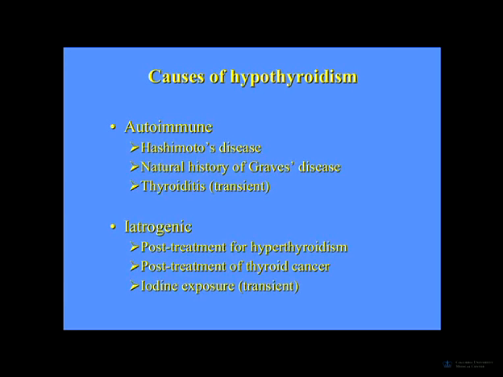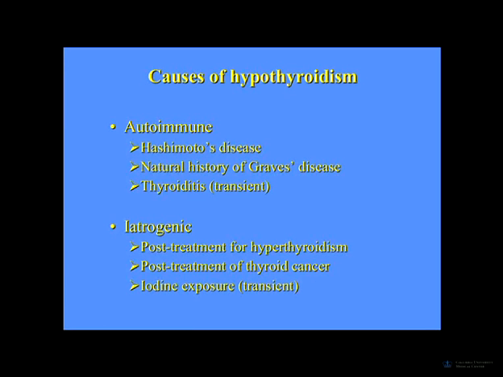Hashimoto's disease, also known as chronic autoimmune or chronic lymphocytic thyroiditis, occurs fairly commonly. Depending how it's defined, it affects upwards to 14 or 15 million people in the United States, which is roughly the population of New York State.